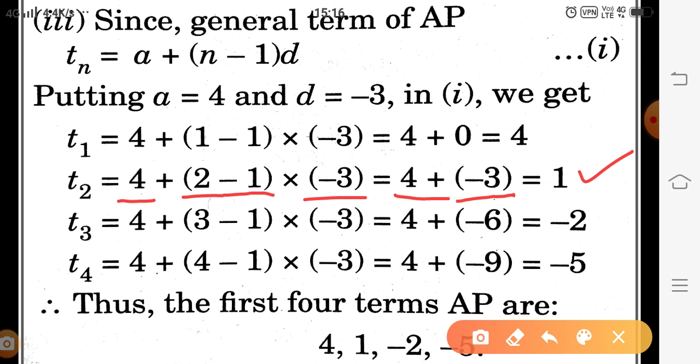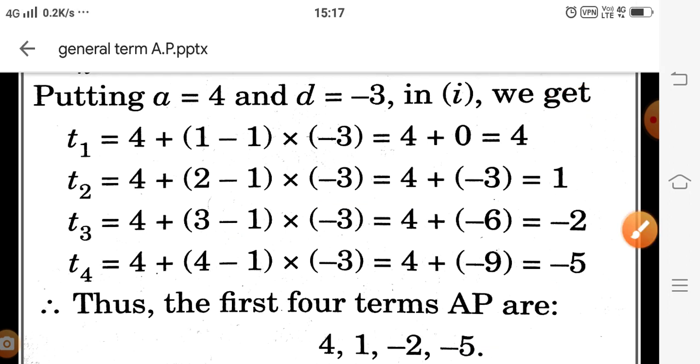Similarly, the third term: adding minus 3 to 1 gives minus 2, and by the general formula we also get minus 2. By the general formula the fourth term is minus 5. Only in place of n you change the value and you get the next term of the series. The required four terms are 4, 1, minus 2 and minus 5.